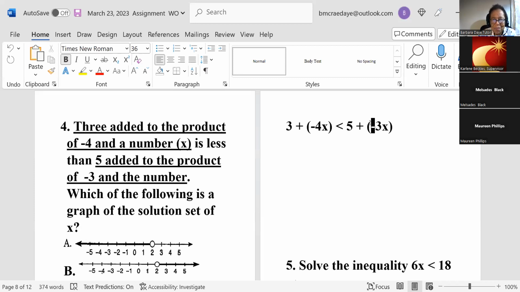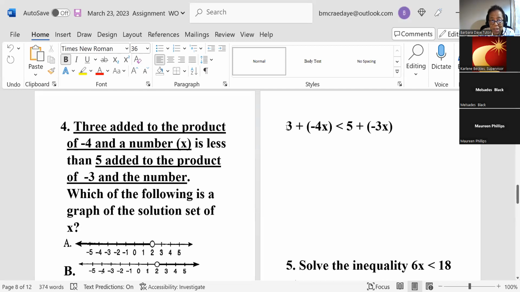We subtract. That's a negative. Okay, you add, because a plus minus gives you a negative.